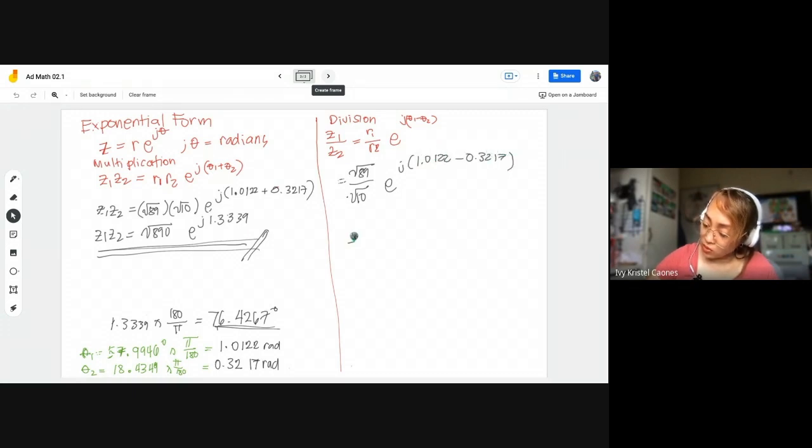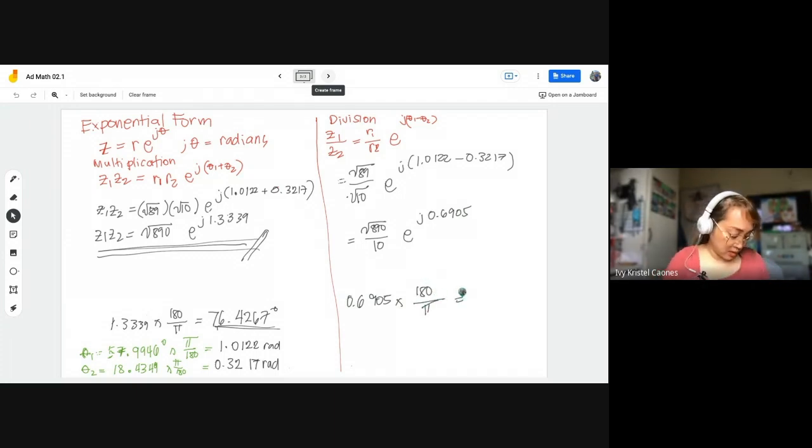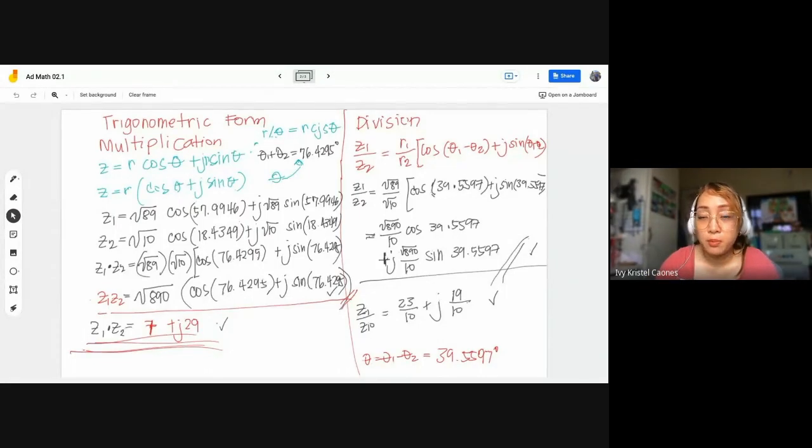It will give you square root of 89 over 10 e to the j 0.6905 pala. And your 0.6905 times 180 over pi is 39.5627 degrees, which is 39.55.